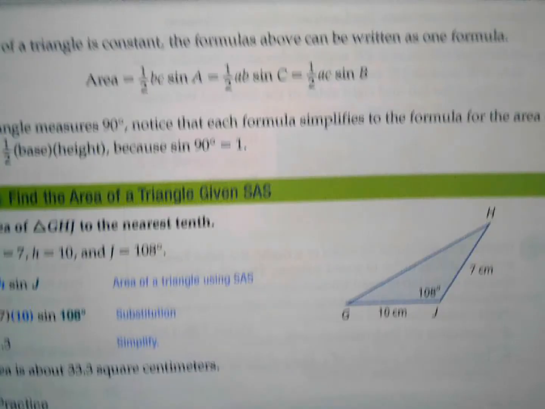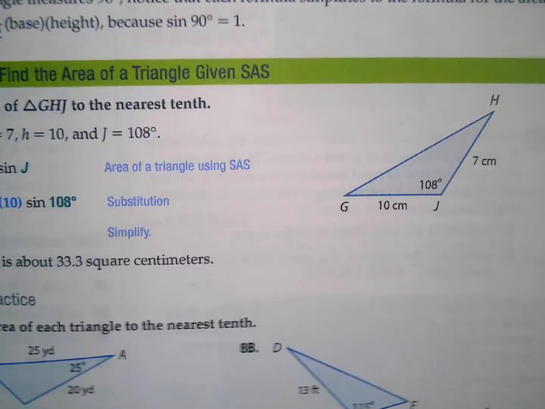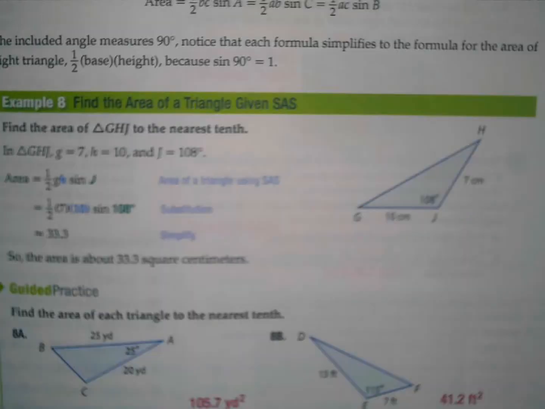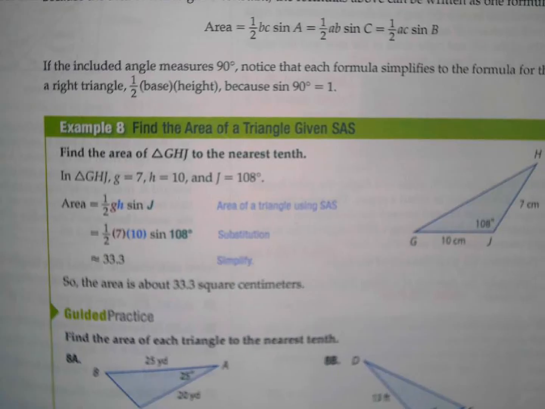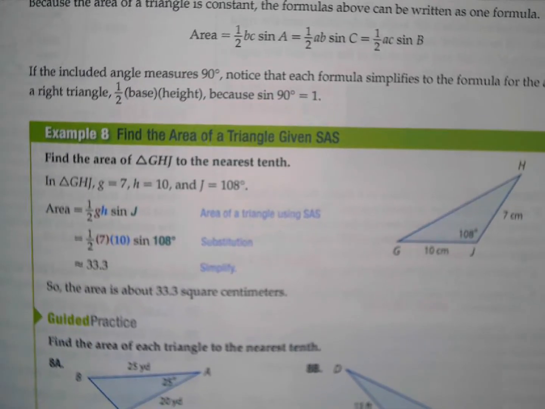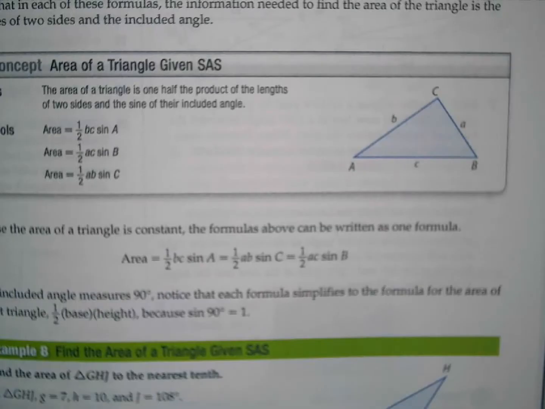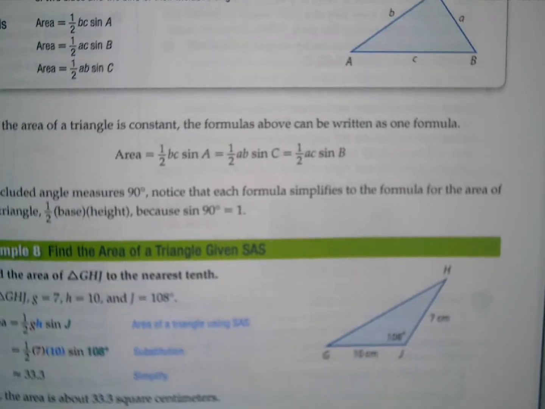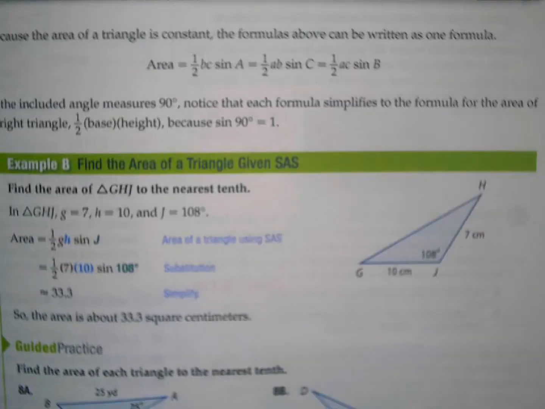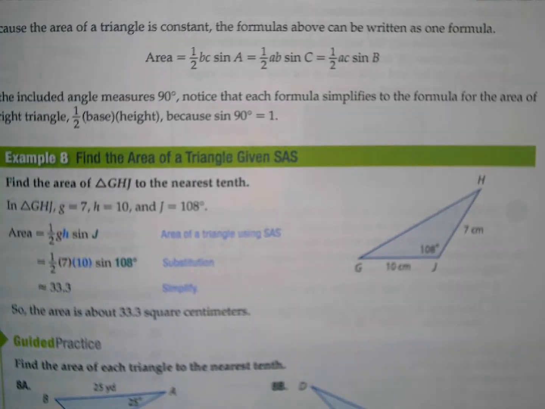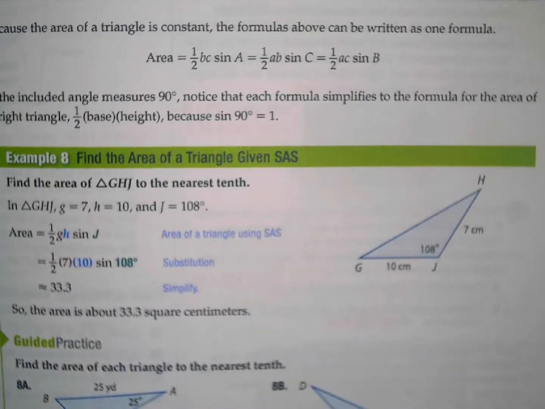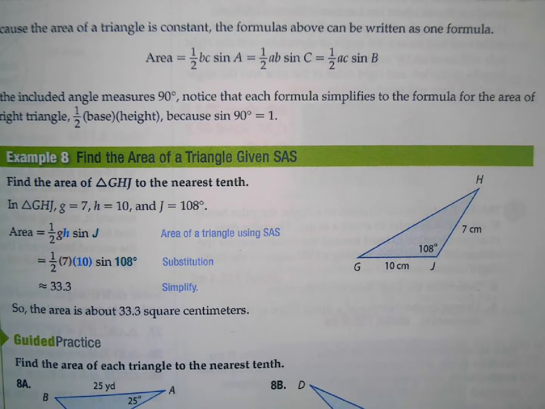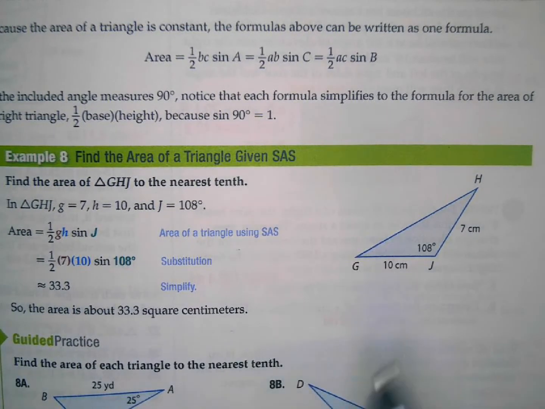All right, let's look at this one here. Here's our triangle. Remember, back here you should have been able to pause it and copy these down. Looking at this one, you don't have the three sides, you have side-angle-side. So you have to use this formula.